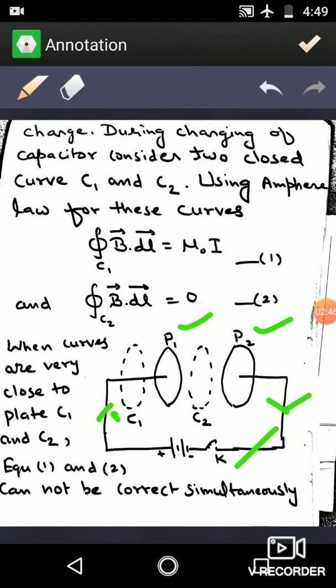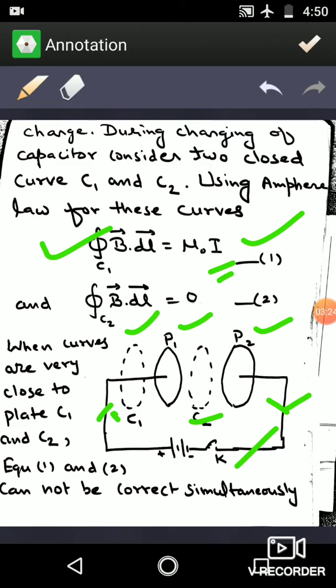Now we have taken two closed curves. One is named C1, the second is named C2; one is to the left hand side of plate P1 and the other is to the right hand side of plate P1. Now for curve C1, Ampere's law may be written as the integration for closed curve C1 of B dot dl equals mu naught I, where I is the current flowing in the conducting wires.